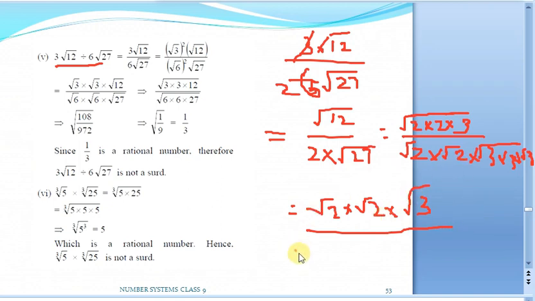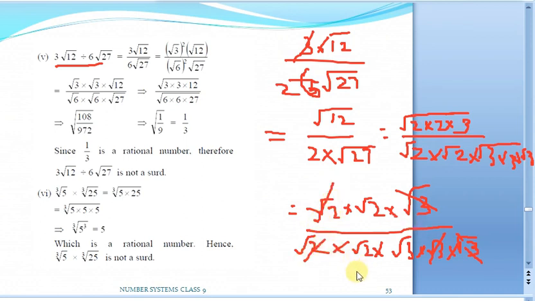Here there are 3 threes inside the square root, so I will write root 3 into root 3 into root 3. Don't write root 3 into root 3 as 3 at this step. Why? Because we need to simplify the things. So one root 3 will cancel. This is root 2, this is root 2, root 2 cancels, and this is root 2, this is root 2, they cancel. So what are we actually left with?